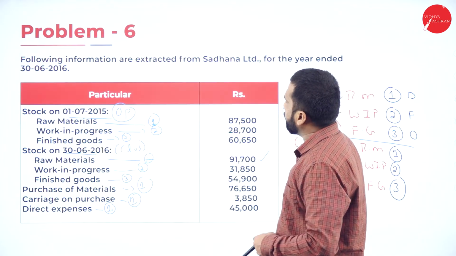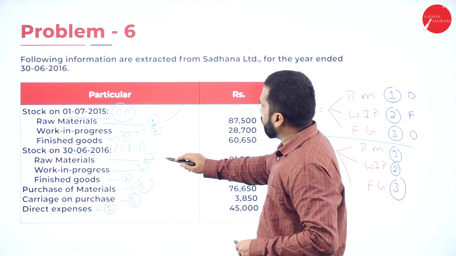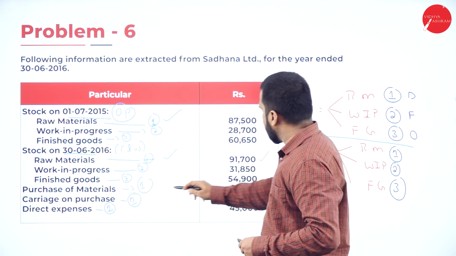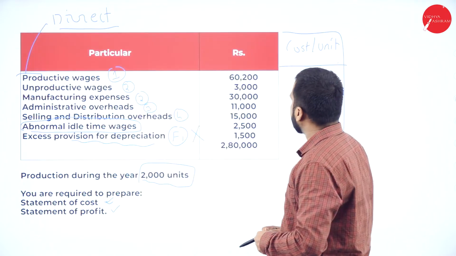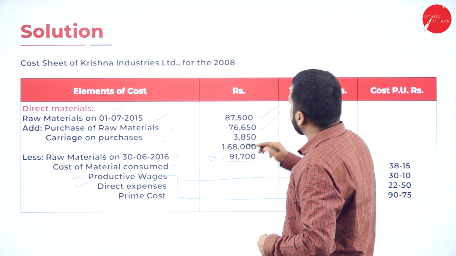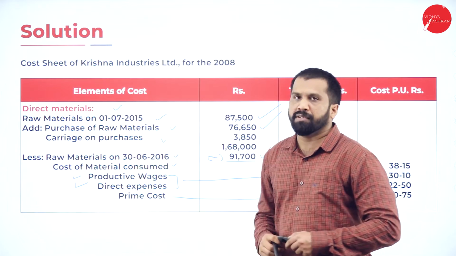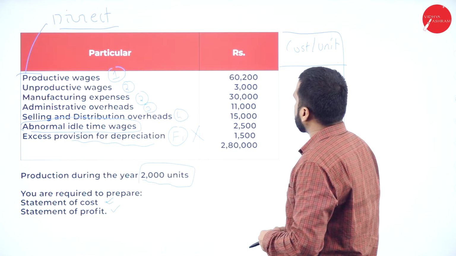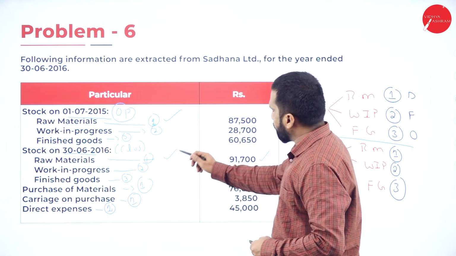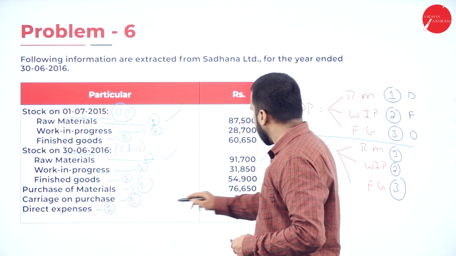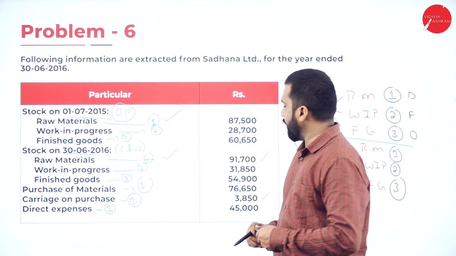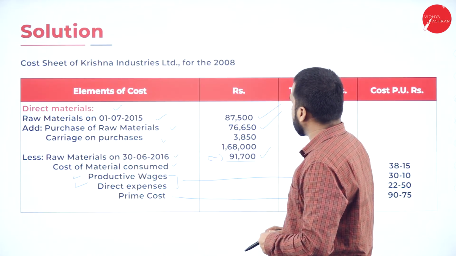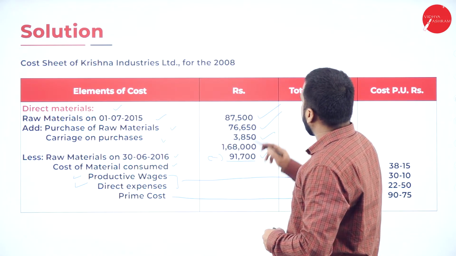Again, I'll go back. This is done. Closing also over. Purchase of material is 76,650. After this, we have carriage on purchases 3,850.